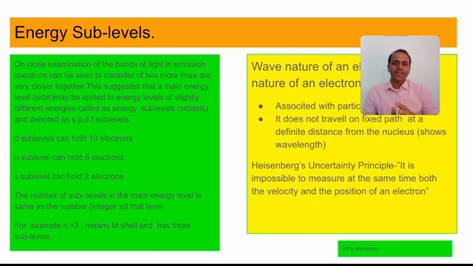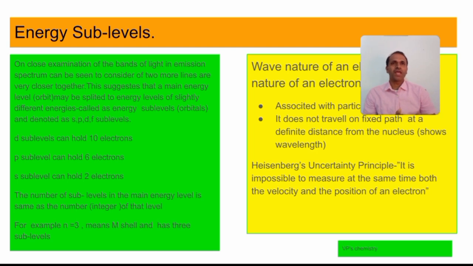The s sublevel can hold 2 electrons, the p sublevel can hold 6 electrons, and the d sublevel can hold 10 electrons. That means there is only one s orbital, and for p there are 3 types of p orbitals.